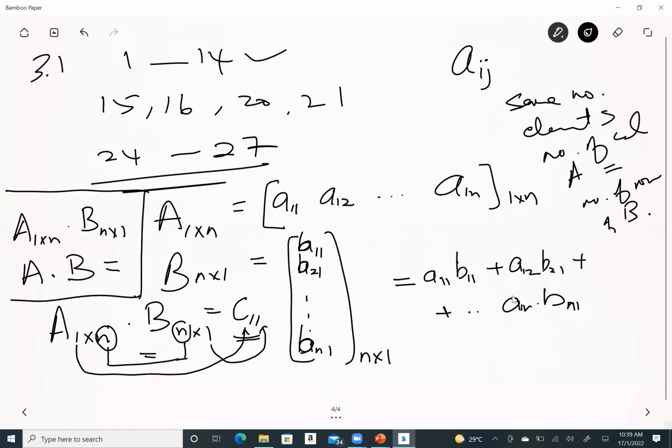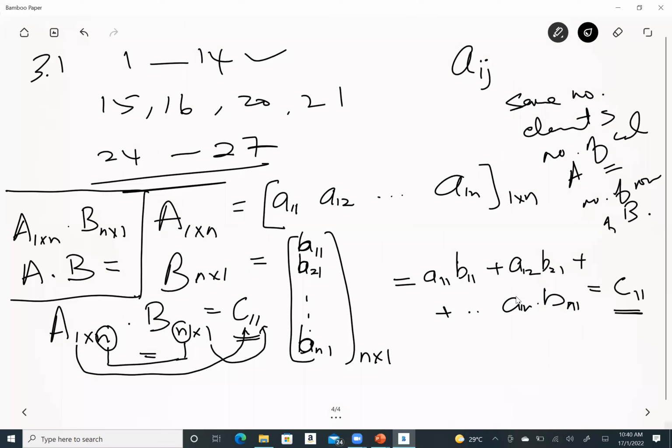So when you add, what do I get? I get C11. So that will be just one number. So in other words, the resulting matrix is 1 by 1. Okay, all right. Any question?